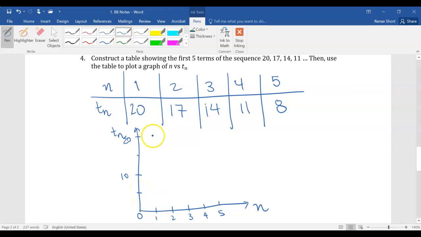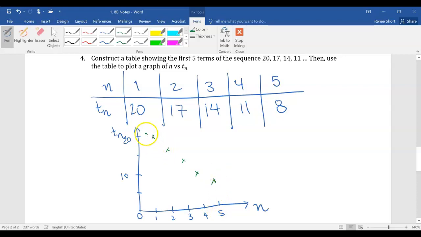So now 1 and 20 means I'm going to have a cross all the way up here. 2, 17 is in here. 3, oh, that was maybe a little low. Maybe more in there. 3, 14 is in there. 4, 11, and 5, 8.